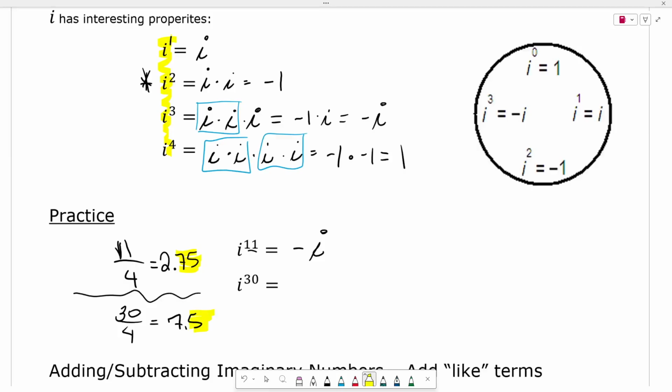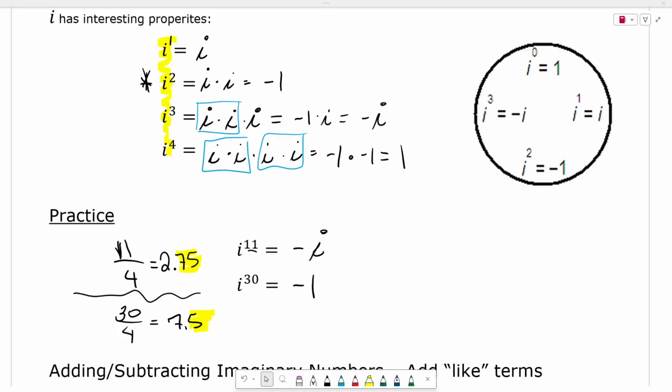That's 50 cents, which is 2 quarters. 2 quarters is our definition, which is -1. Anytime you have any of these problems, you divide the exponent by 4, and depending on the remainder, it's either going to be i, -1, -i, or +1.